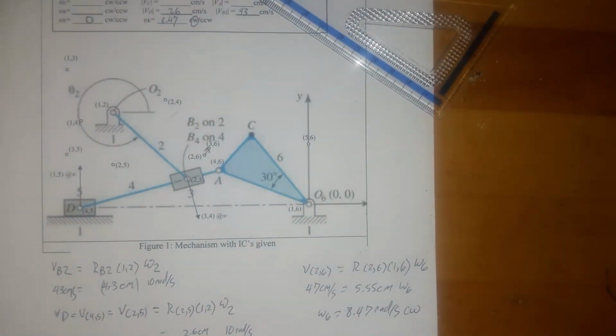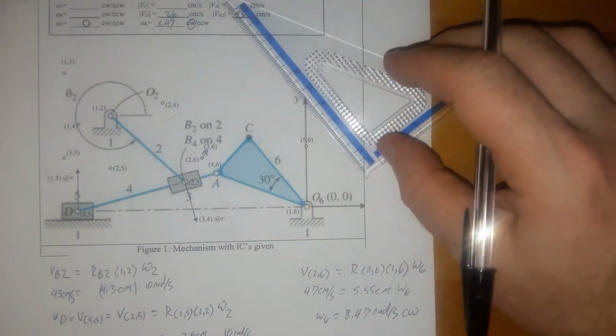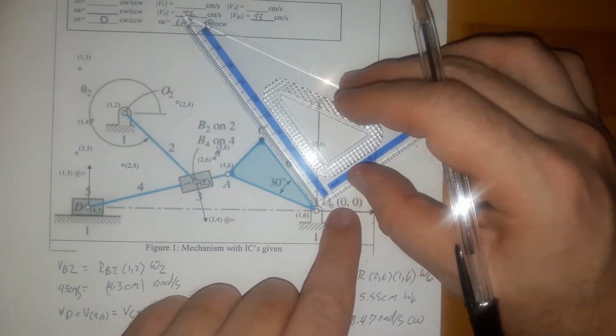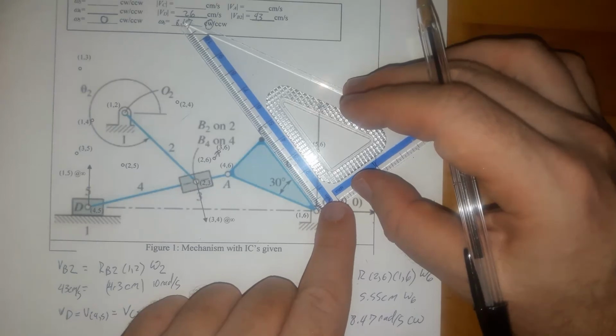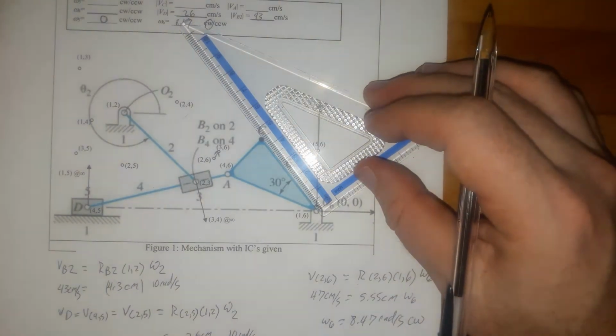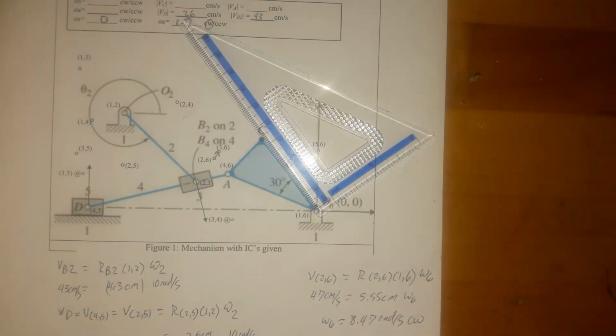All right, so once I know omega 6, well, VC is just a point on link 6, and so that's going to give me VC is equal to RC with respect to 1,6 times omega 6, and that's going to give me a distance of 4.5 centimeters times 8.47 radians per second.